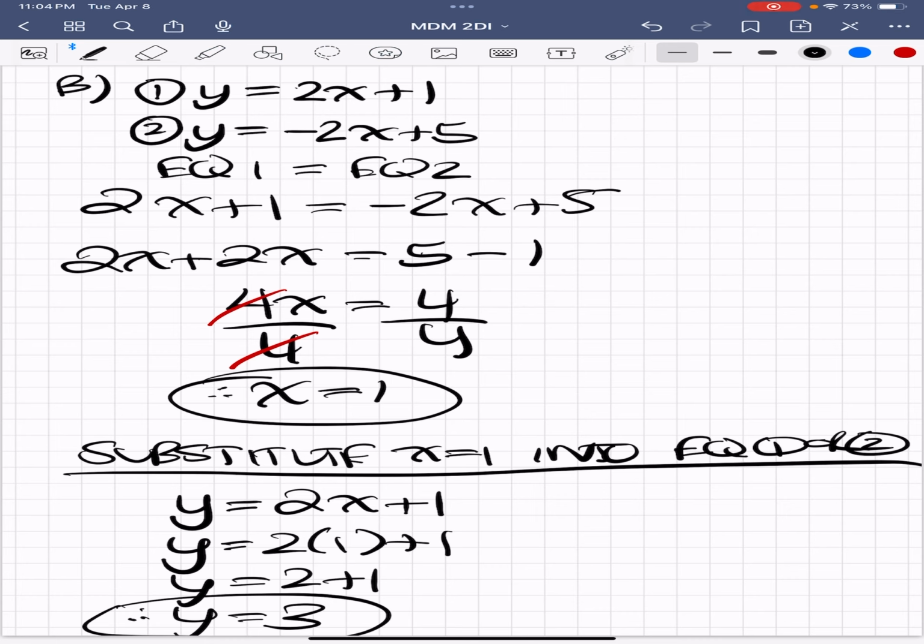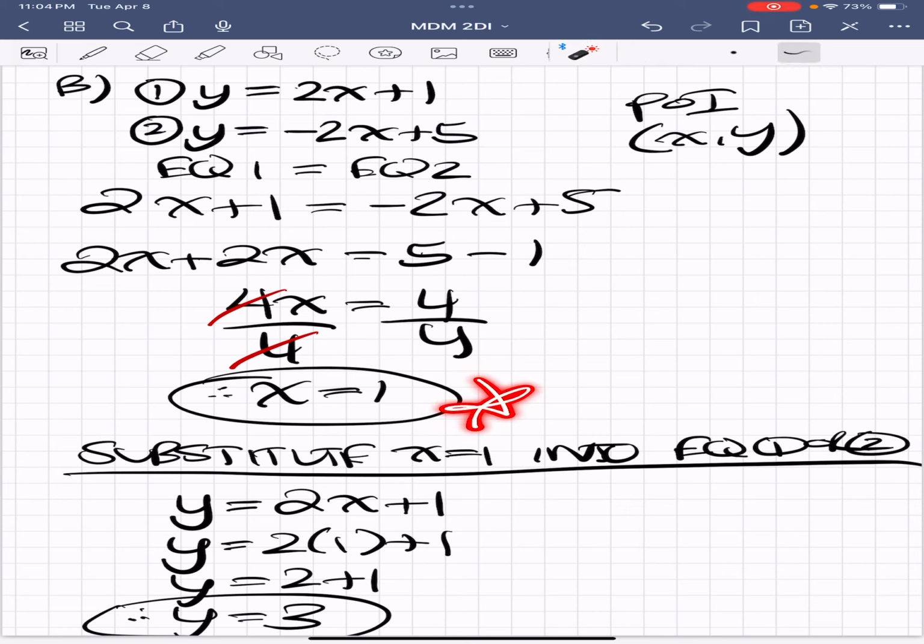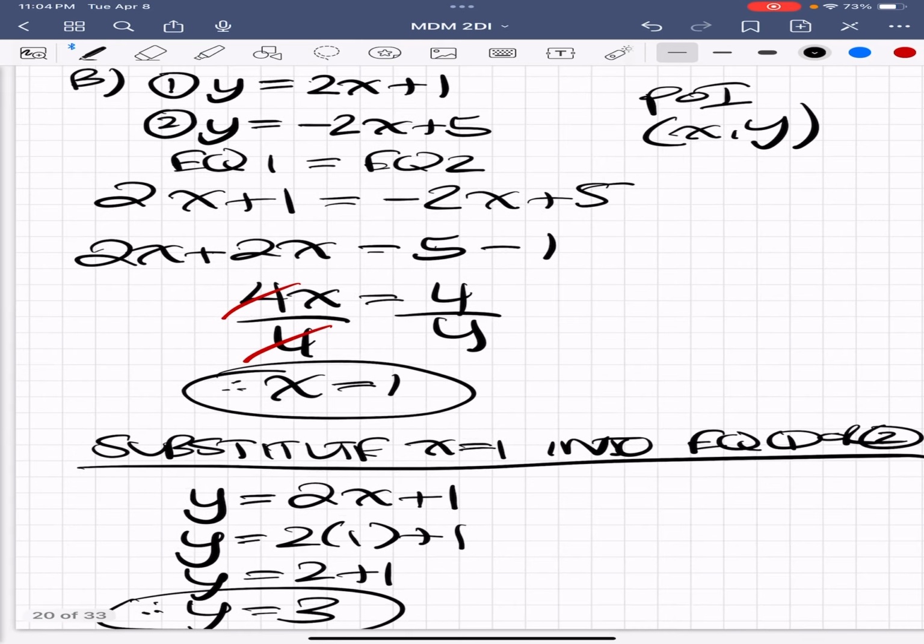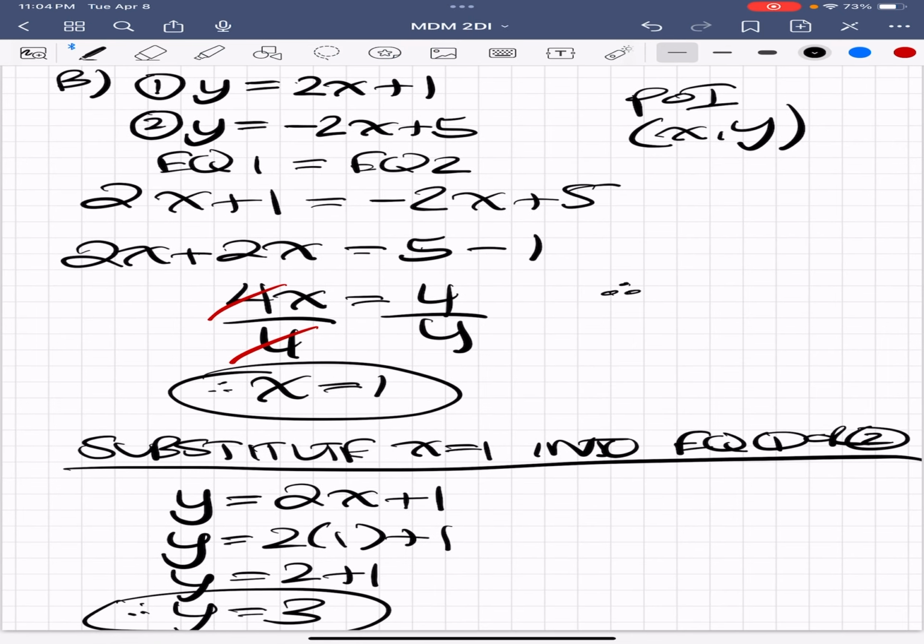And there you go, we have the coordinates of the POI. POI is x comma y, where we have the x coordinate of the POI and then the y coordinate of the POI. And then we do our therefore statement. We have POI is 1, 3. And we'll circle it.